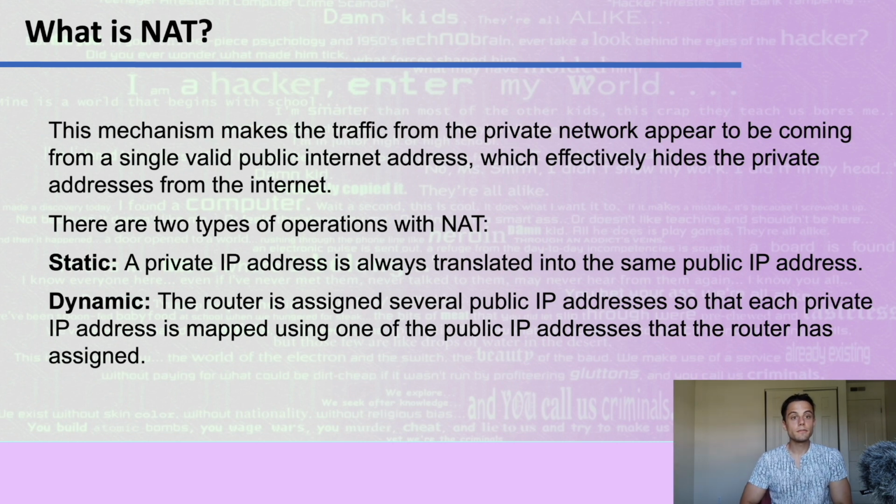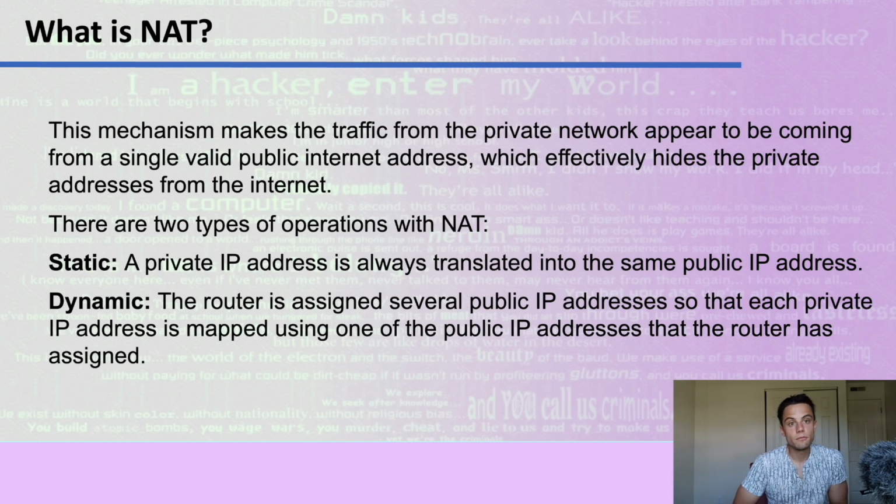Some of the addresses are actually private and they're used by different devices. For example, if you want your network to use multiple IP addresses, you can locally use multiple private IP addresses and connect to the internet by only a single IP address. In that way, you are saving quite a lot of public IP addresses that you don't need, because in your private network you can choose any IP address for any device.